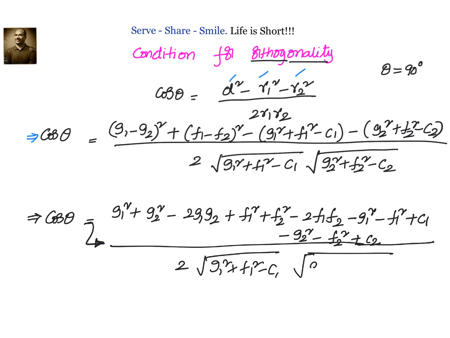Multiply that with g2 square plus f2 square minus c2. Simplify this. That will be our final step for the formula to find out the cos theta value.